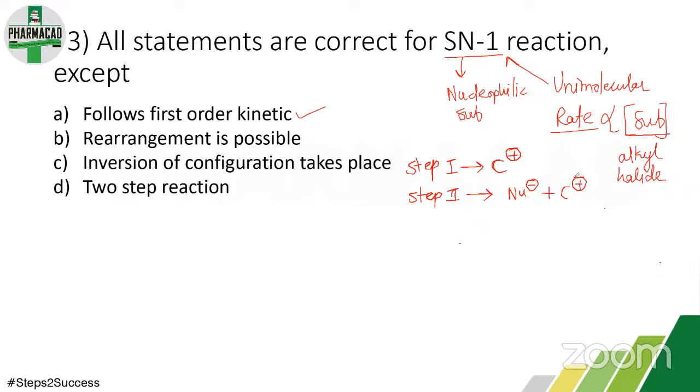So because of this carbocation, rearrangement is possible. Okay, to stabilize the carbocation, by two methods, either by hydride shift or by methyl shift. Okay, so this statement is also correct.